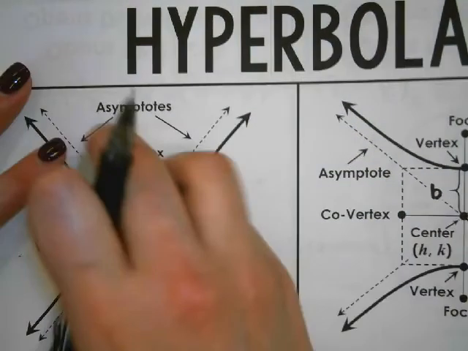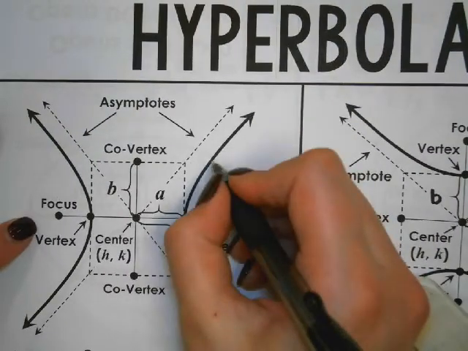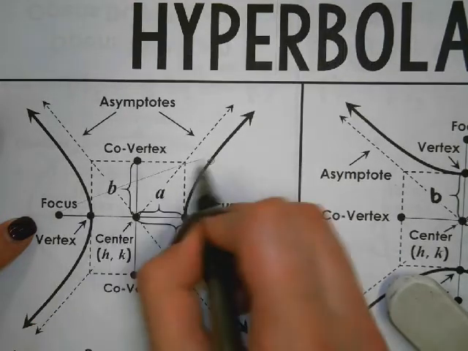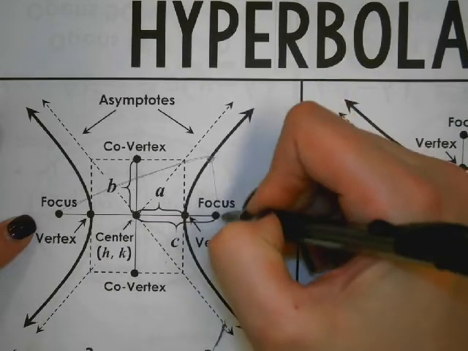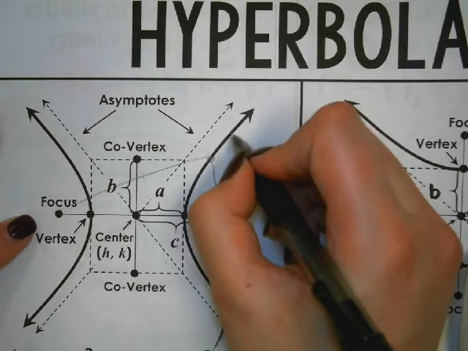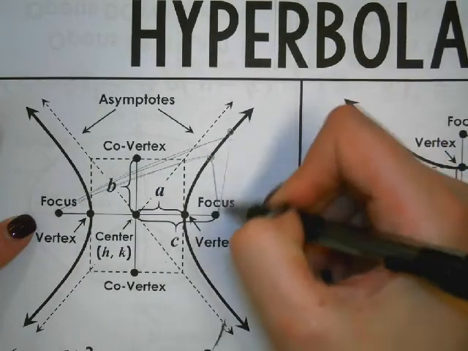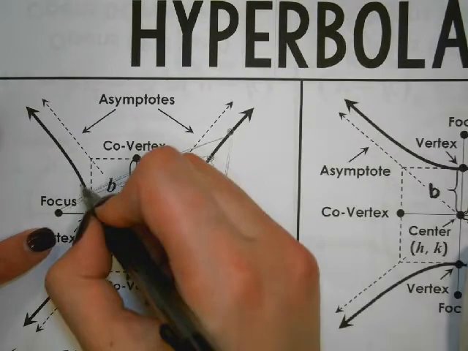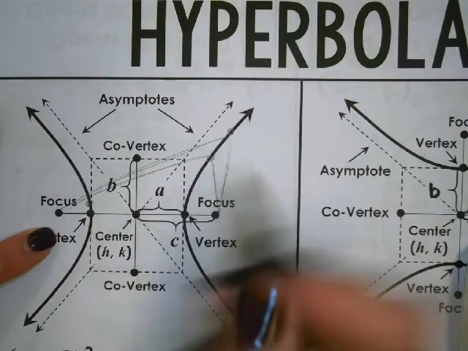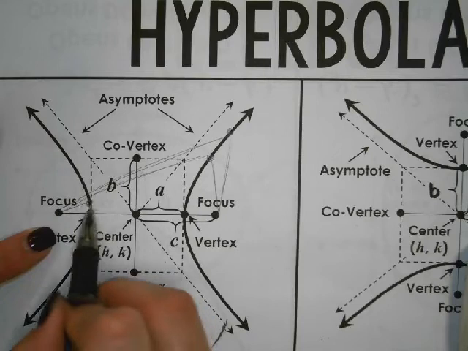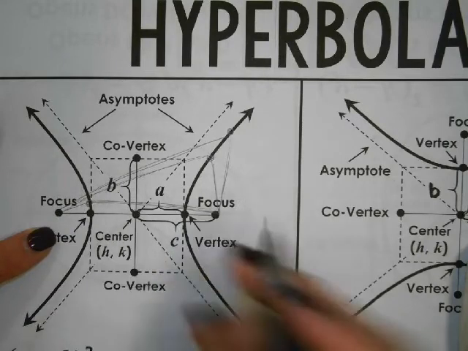Sorry, let me do that again. So if I took this point and took this distance and subtracted them, or took this point and took this distance and subtracted them, or if I took even this point right here and took this distance and that distance and subtracted them.